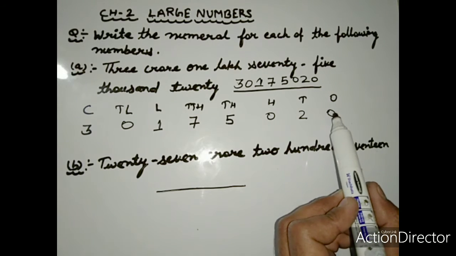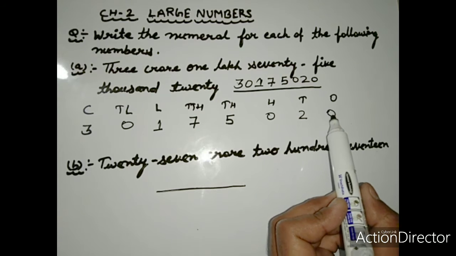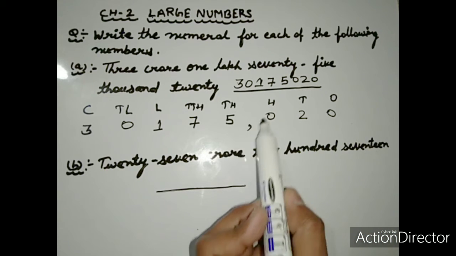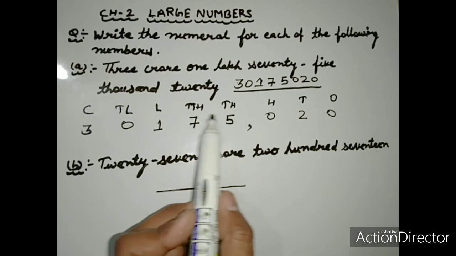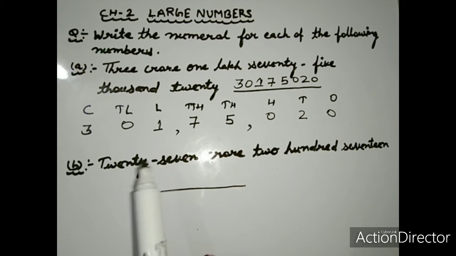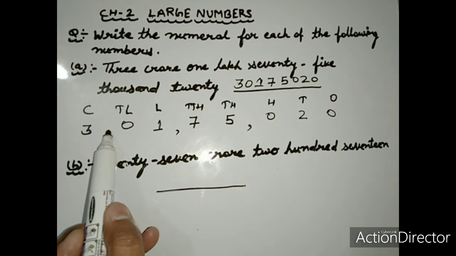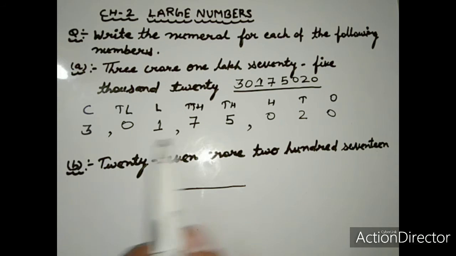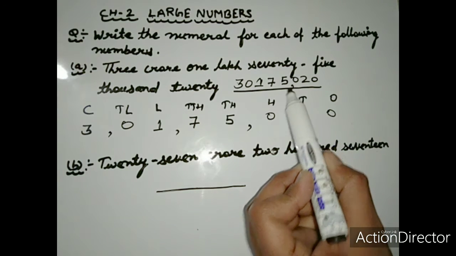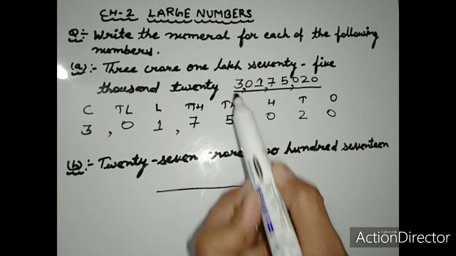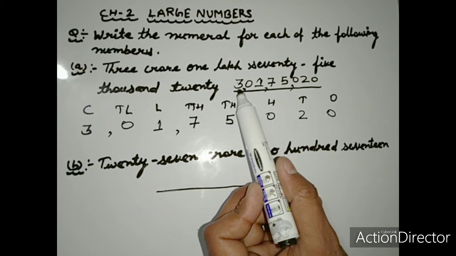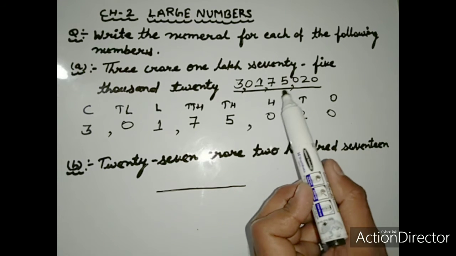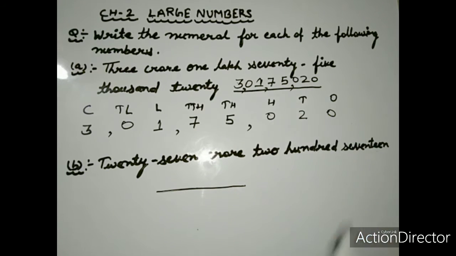The ones period is separated by a comma from the thousand place, then thousand and lakh are separated by a comma, and lakh is separated by a comma from crore. So we put a comma before three digits and then in pairs of two digits. We read this number as 3 crore 1 lakh 75,020.